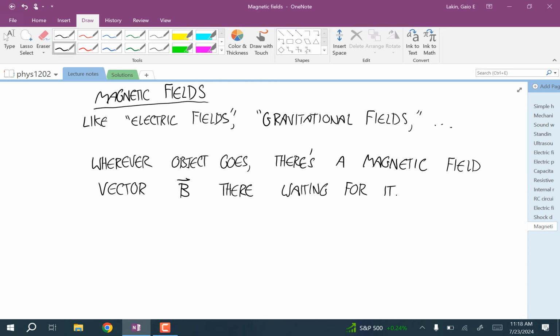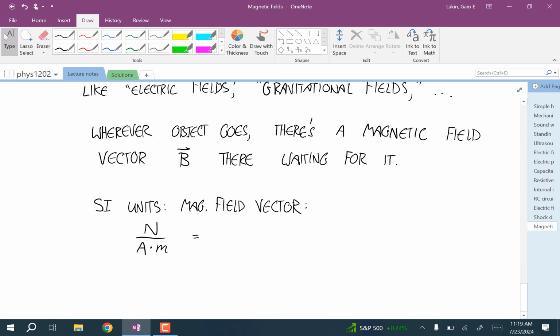The SI units for a magnetic field vector are a sort of complicated combination of units, newtons over amps times meters. And since that's cumbersome to deal with, like we have several times before, we give this its own name, the Tesla. And the abbreviation for Tesla is capital T.